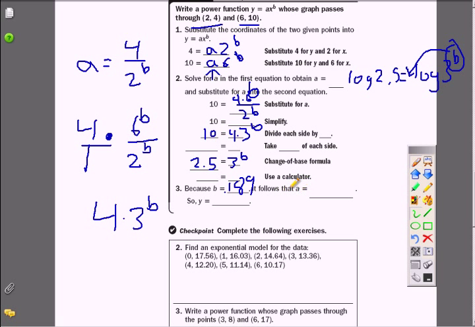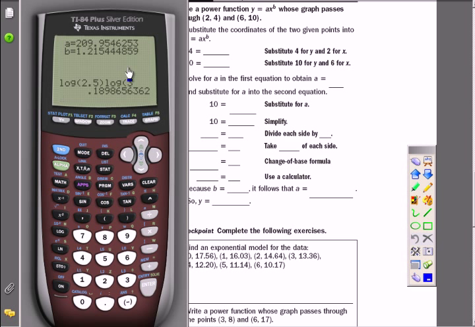If I plug that back into one of my originals, so like 2 to the 0.189, 4 divided by that, let's go do that real quick. 2 to that power, and I can do second answer, which will give me that exact power, enter.